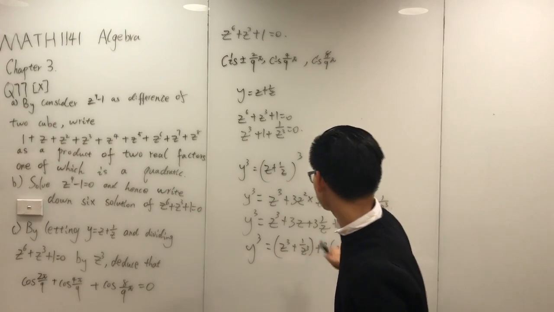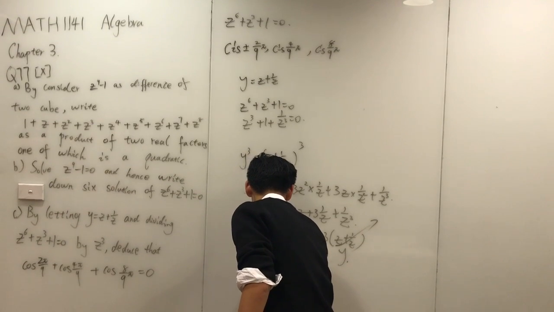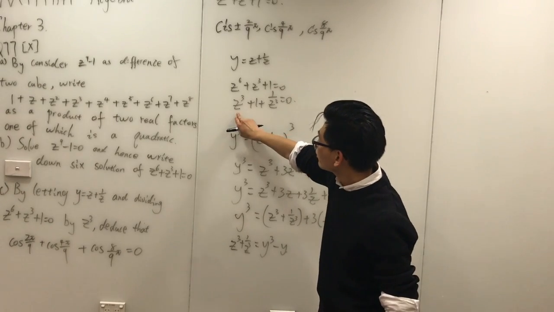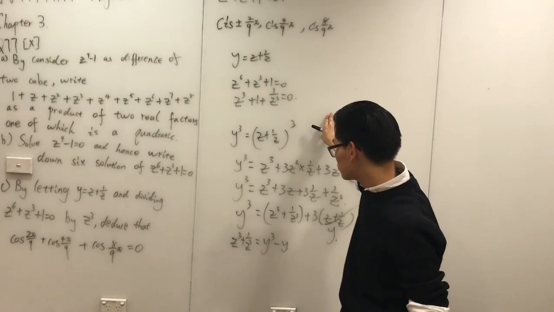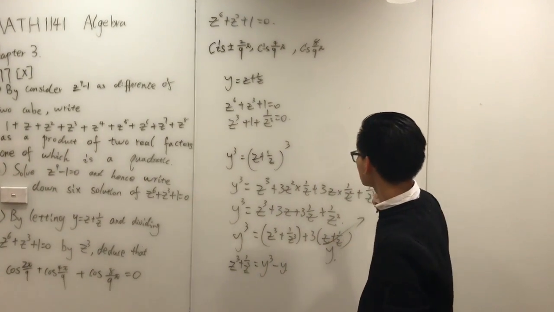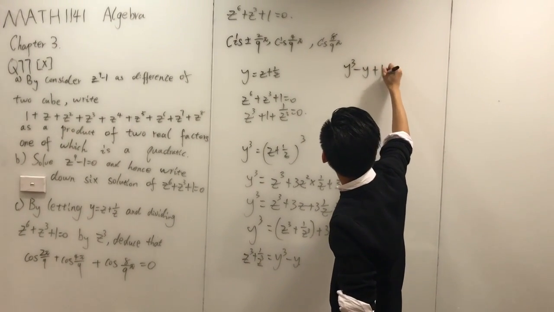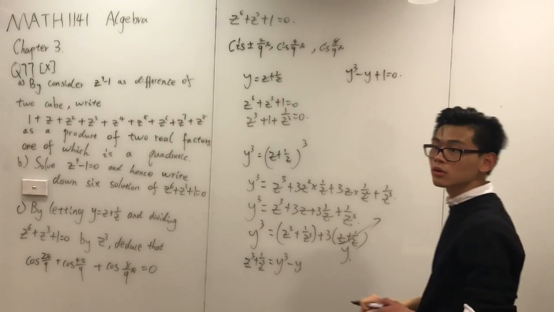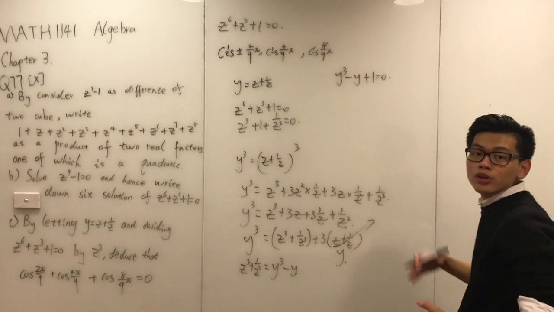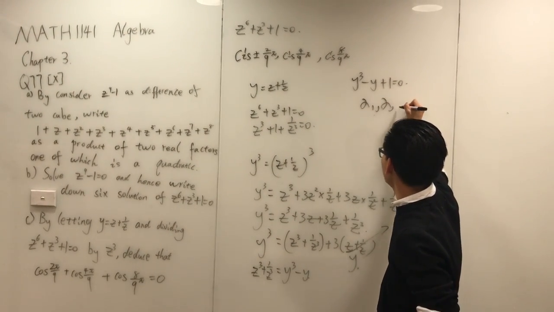So what we got is z cube plus 1 on z cube equals y cube minus 3y. So z cube plus 1 on z cube plus 1 equals 0, and z cube plus 1 on z cube equals y cube minus 3y. So we got y cube minus 3y plus 1 equals 0. Now, we assume there are 3 roots of this equation, which are alpha 1, alpha 2, and alpha 3.